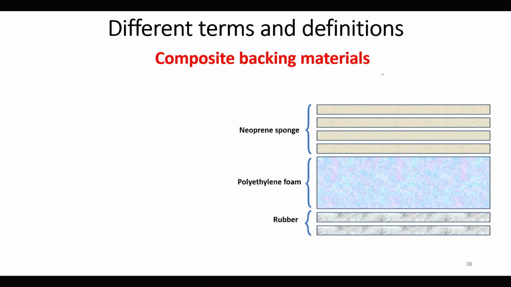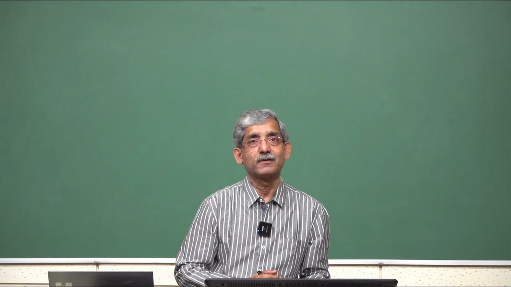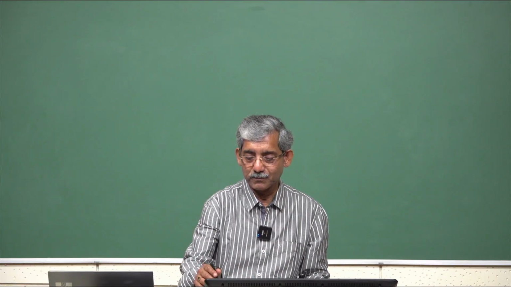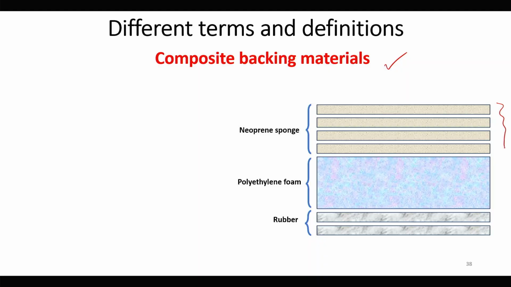Now, composite backing material. There is a standard composite backing material as per the NIJ standard. That contains 3 different types of materials. One is neoprene sponge, which will be at the top, then polyethylene foam in the second layer, and in the last layer there will be rubber.